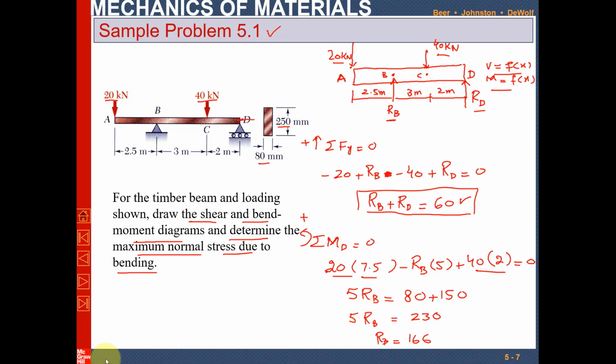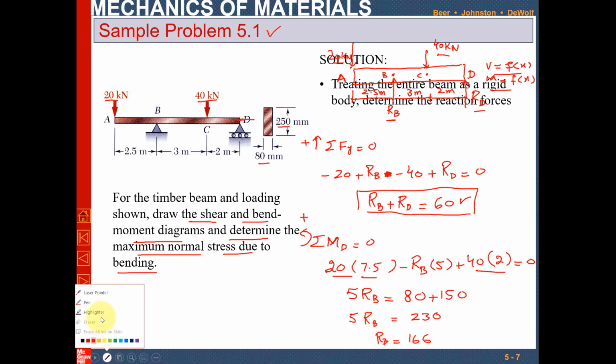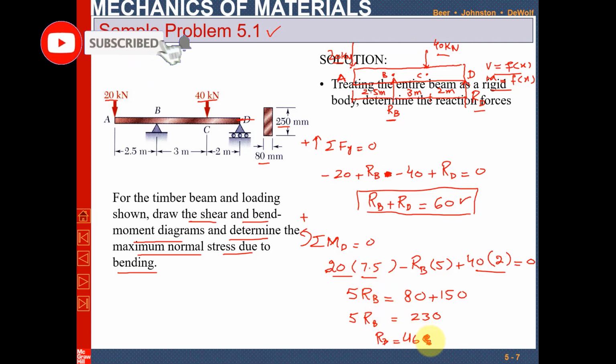Okay, so let me erase something from here. If you divide 230 by 50, sorry, it gives you 46. So this is 46 kilonewton.